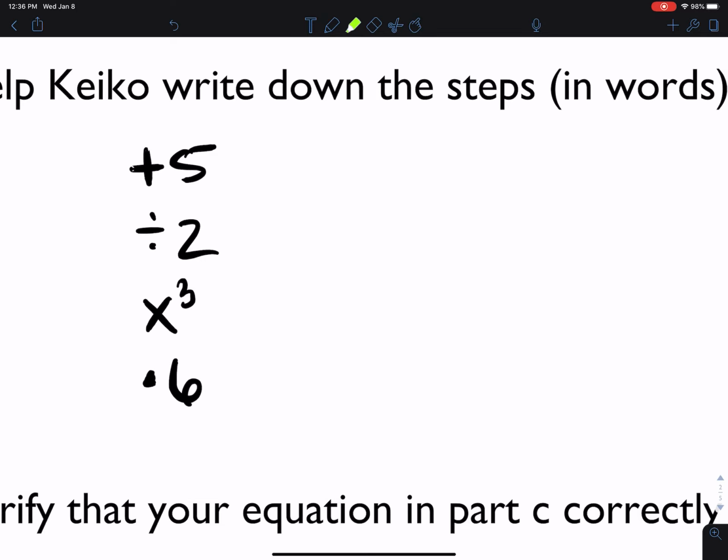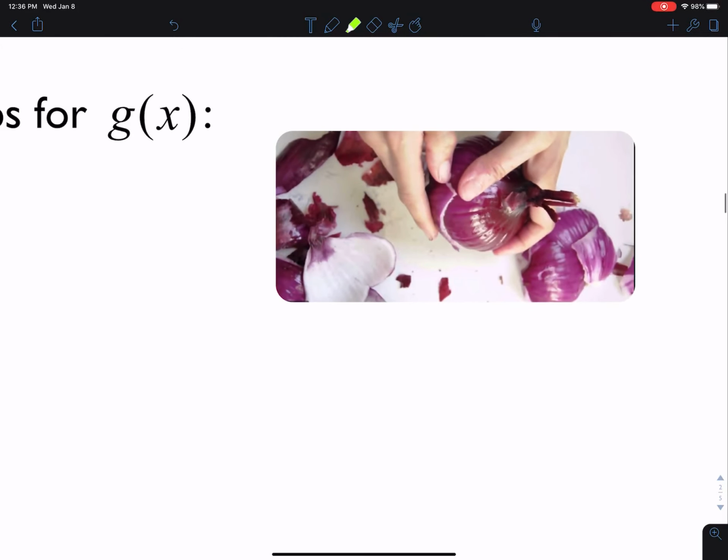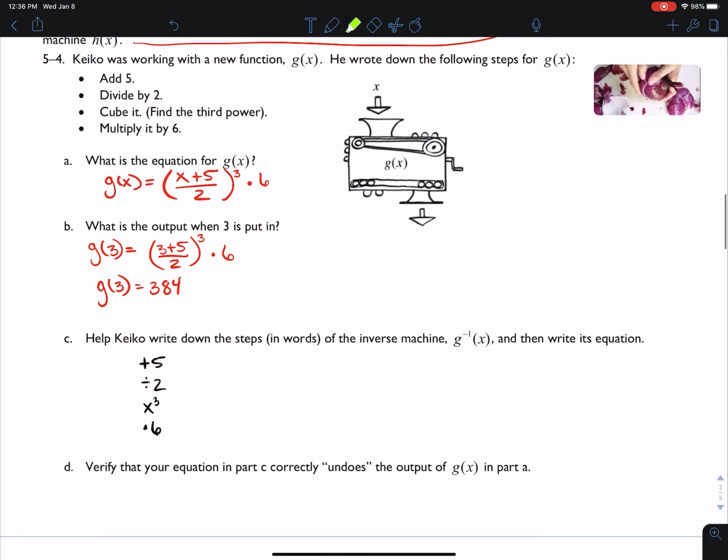Okay, that's where we start to undo things. And again, here's the analogy of an onion. If you wanted to peel an onion, you start with the outer layer first, whatever the last operation was, and then you work your way in. You don't start at the center. So you always start at whatever the last thing was.